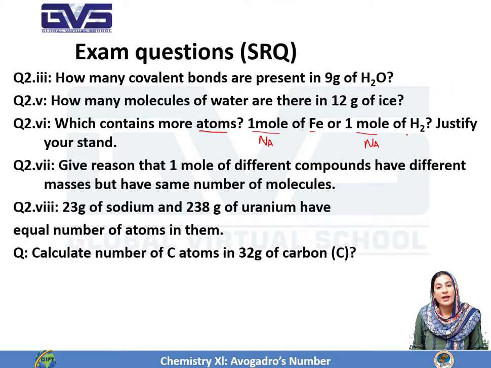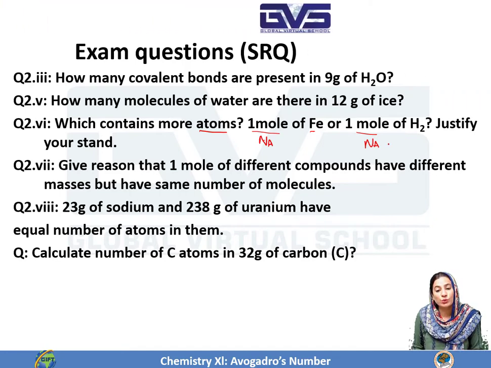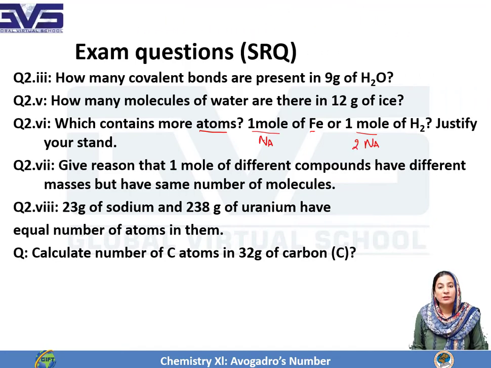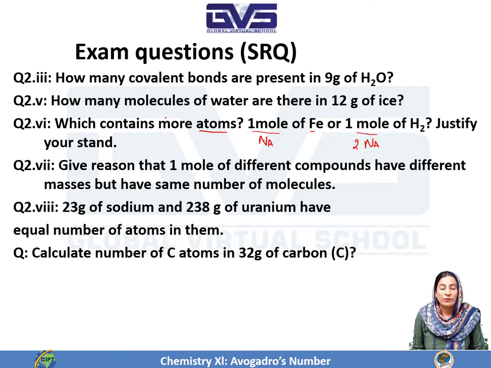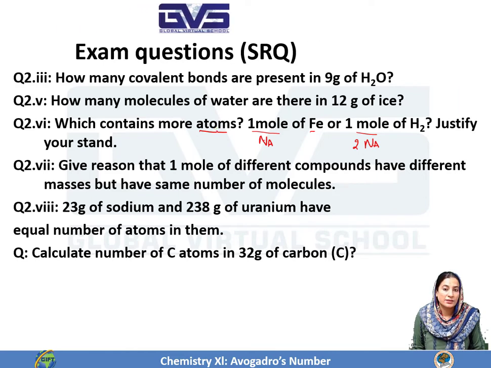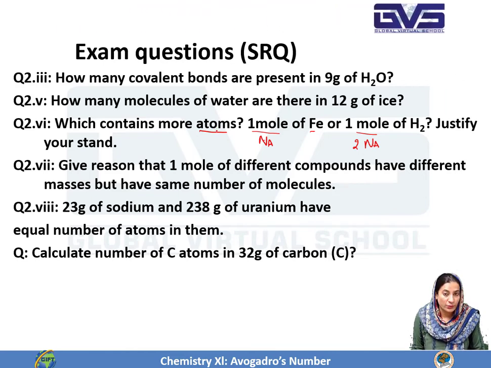So number of atoms in 1 mole of H2 will be double. So you have to clearly look at what the question asks, number of atoms or number of molecules.